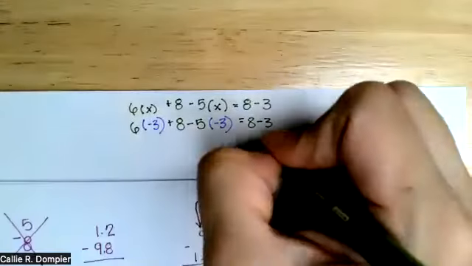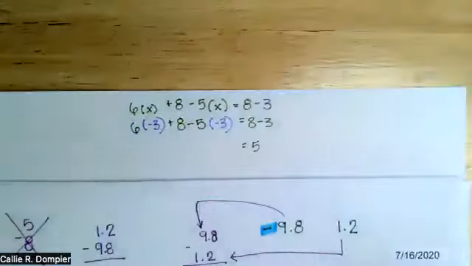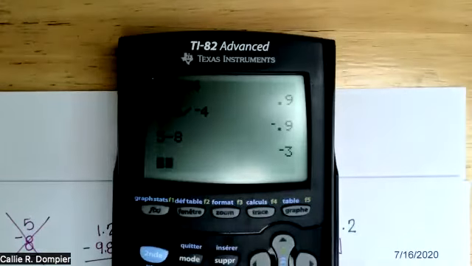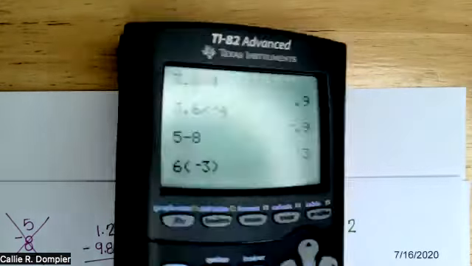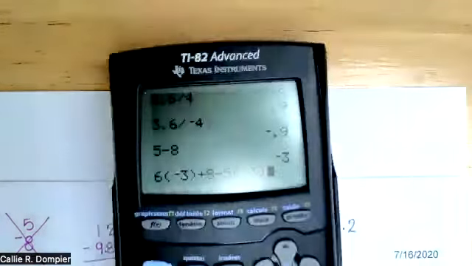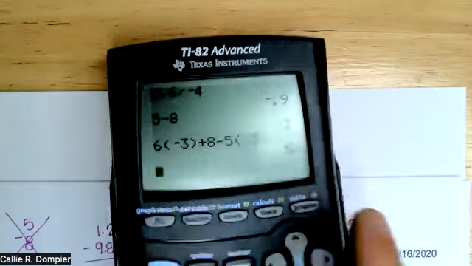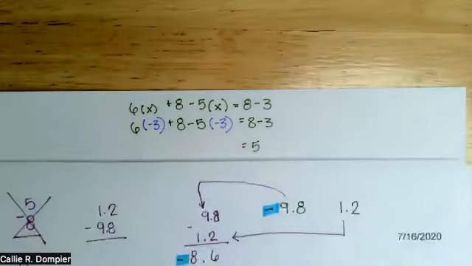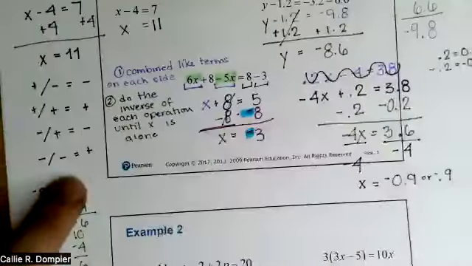So 8 minus 3 is 5. So is 6 times negative 3 plus 8 minus 5 times negative 3 equal to 5? It is. So you can check any answer that way.